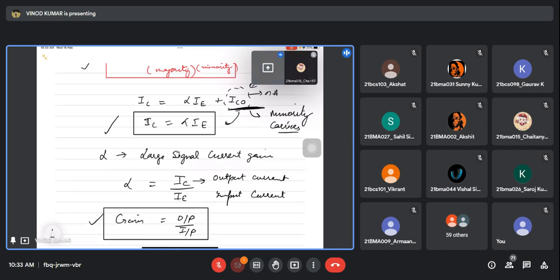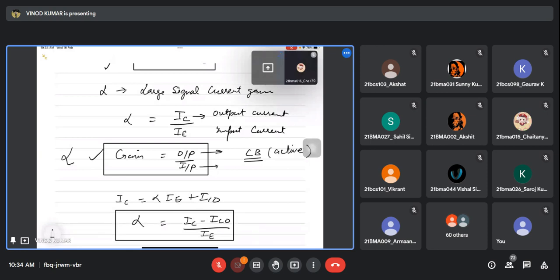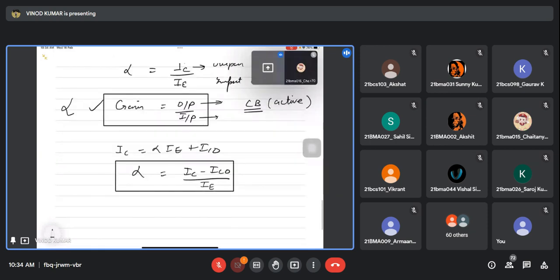This is the common base configuration, active region, so gain is called alpha. In this case we could also derive it as: IC equals alpha IE plus ICO, so alpha is nothing but IC minus ICO divided by IE. If ICO is treated as 0, we can do it this way, otherwise we can keep it like this.